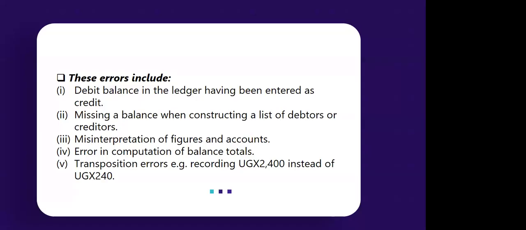So you take that amount of the bank to your trial balance. So if you put that balance on the credit side, yet it was a debit balance, that is an error that the trial balance is going to detect, because remember, you've already made your entries in that ledger account, the ledger of the bank.